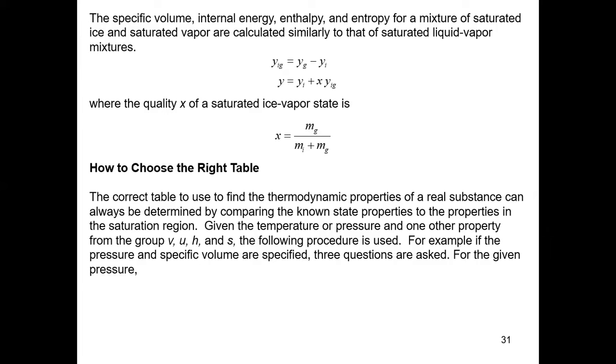The correct table to use to find the thermodynamic properties of a real substance can always be determined by comparing the known state properties with those in the saturation region. Given the temperature or pressure and one other property from the group v, u, h, and s, the following procedure is used. For example, if pressure and specific volume, that is v, are specified, three questions are asked for the given pressure.